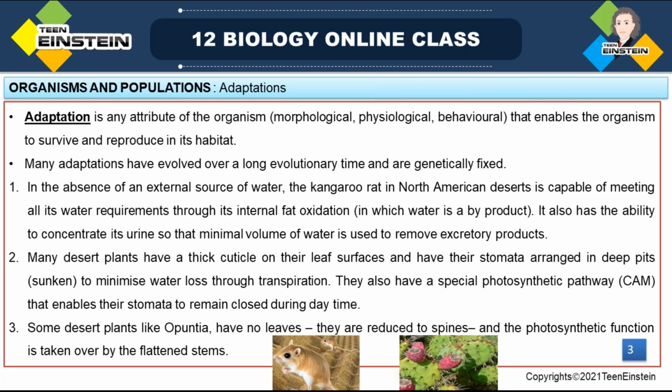Okay. So what are these adaptations used for? They help the organism to survive in a particular climatic condition. Some organisms will have some kind of adaptations. All these which help that organism to survive and reproduce are called adaptations. In its environment, the organism is able to survive and reproduce with the help of these adaptations.